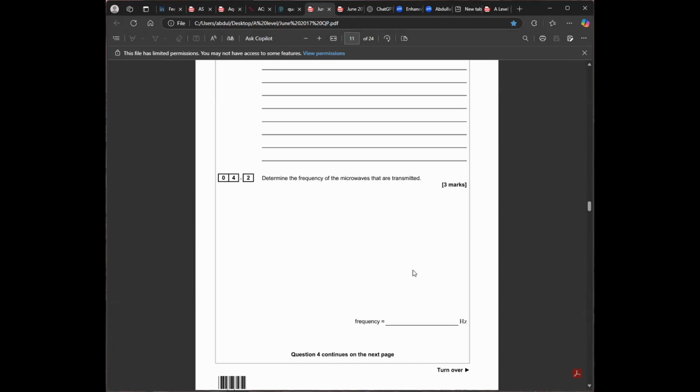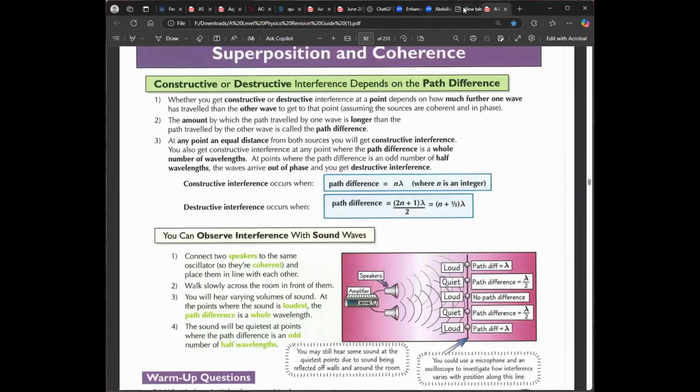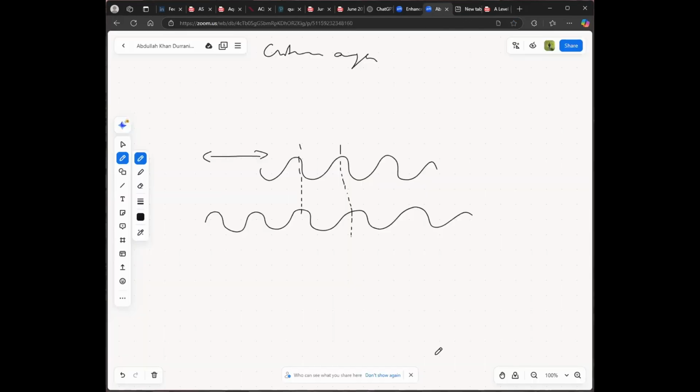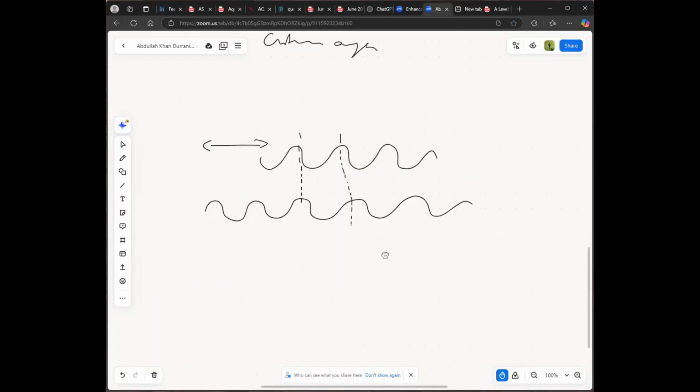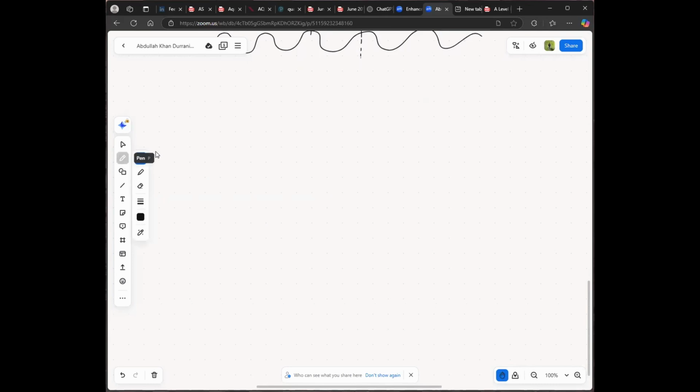All right. Then determine the frequency of the microwaves that are transmitted. To calculate the frequency, all the formulas that we went through so far, I just remember two formulas where I actually saw frequency.